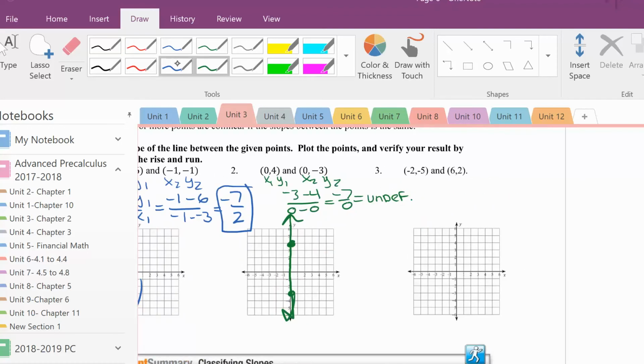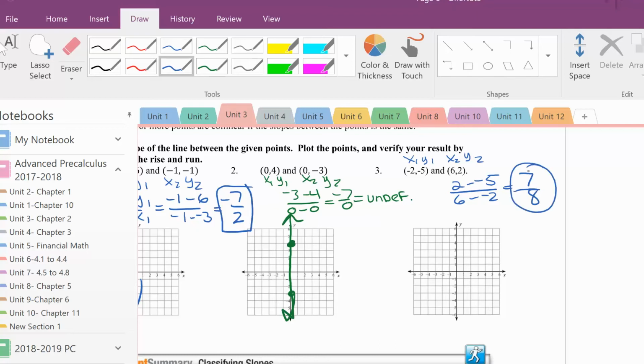And then next, negative 2, negative 5, and 6, 2. So you go x1, y1, x2, y2. So you go 2 minus negative 5 over 6 minus negative 2. So it's 7 over 8. So that's your slope.